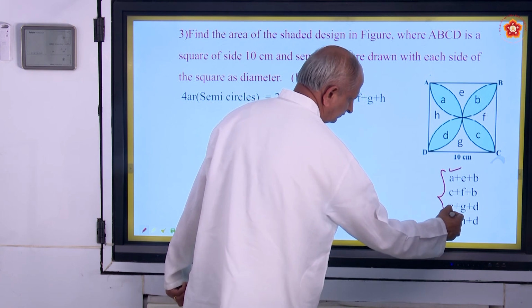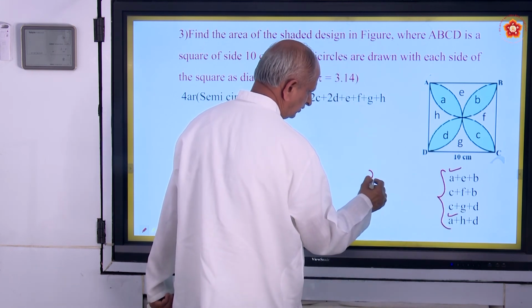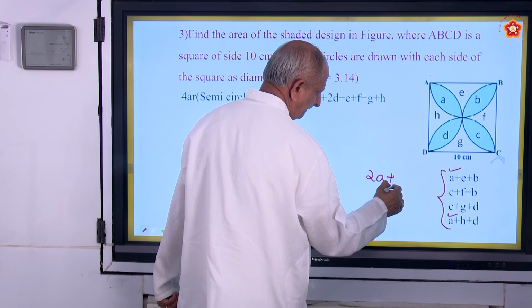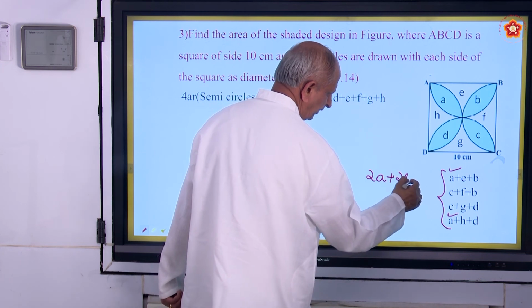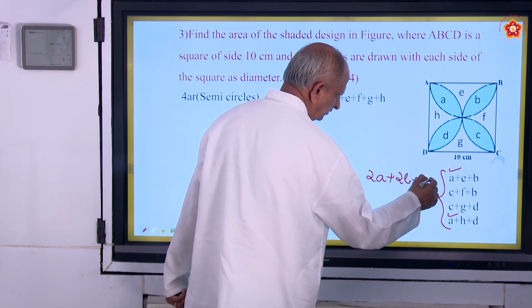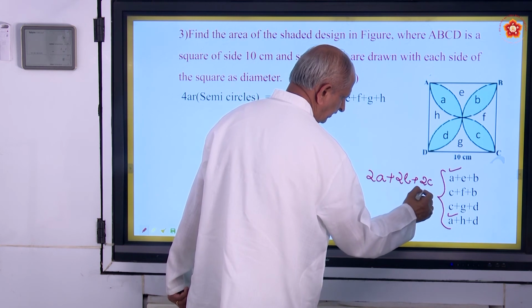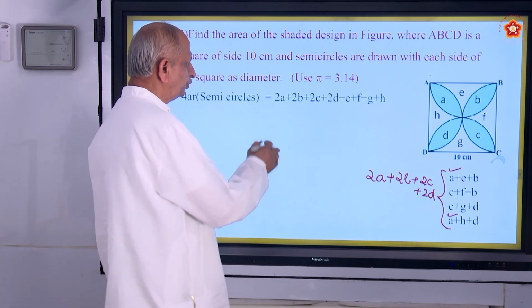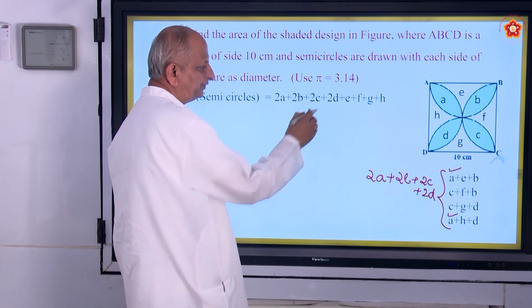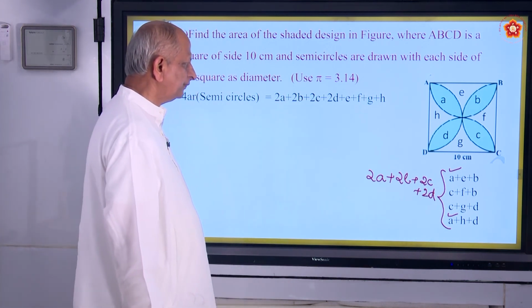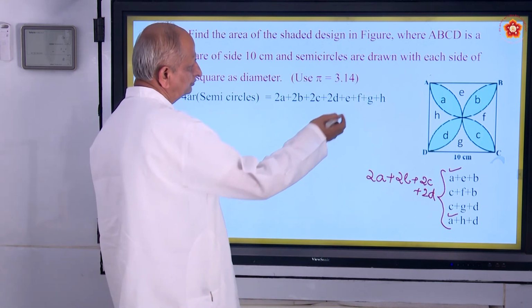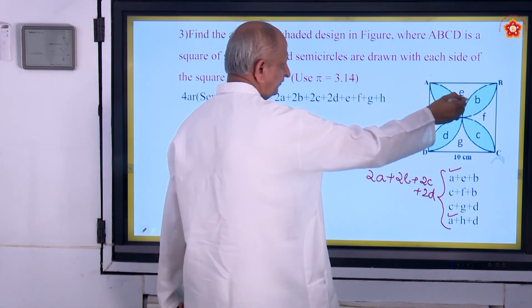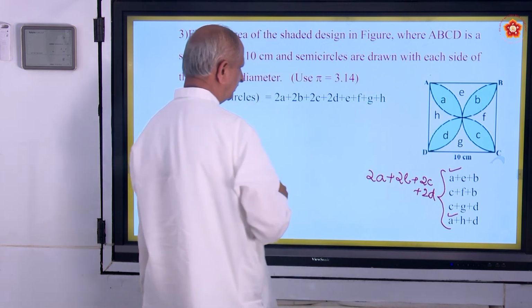A plus A, 2A you get, right? How many B? 2B. How many C? 2C. How many D? 2D. So 2A plus 2B plus 2C plus 2D. Then you have the remaining E, F, G, H, that you have to add.